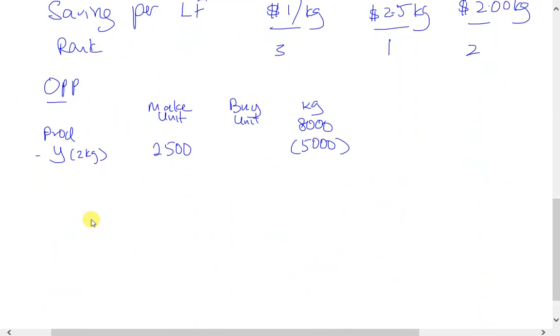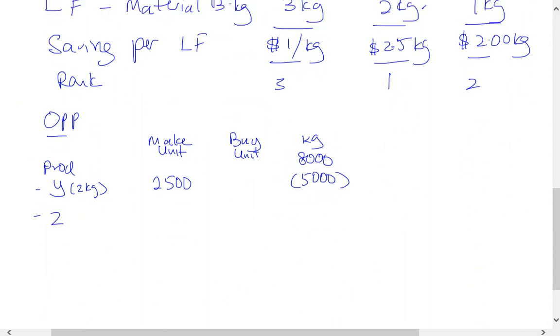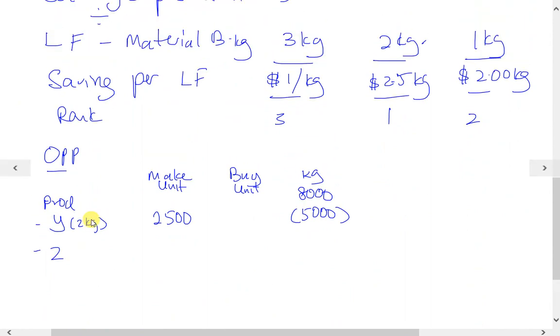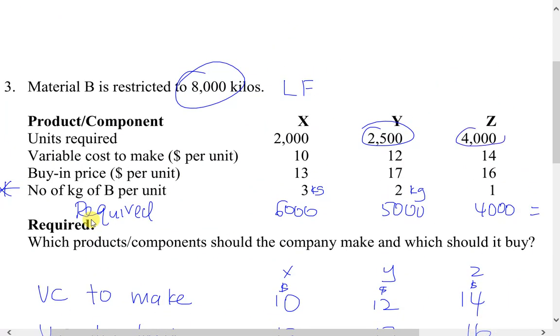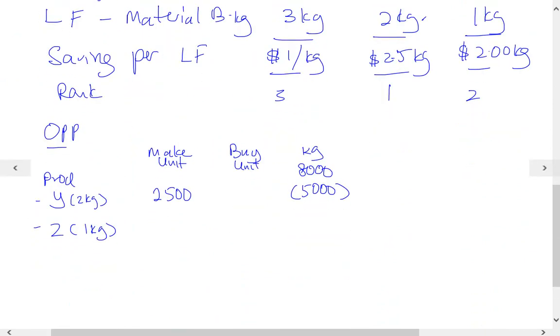Next in line will be Z. How many kg is required? Every unit, 1 kg of material B. I plan to produce 4,000 units. So to make 4,000 units, 1 kg each means I require 4,000 kg. But I only have 3,000 kg.